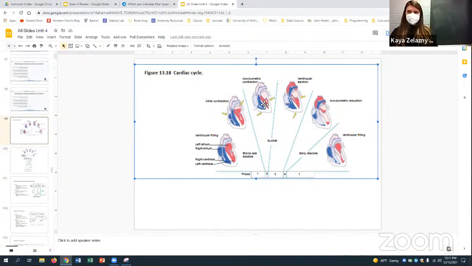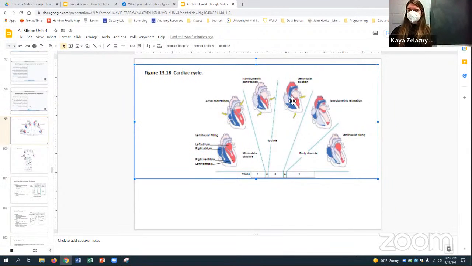That's why the blood's not going anywhere, but it's starting to push into the arteries. That's the beginning of systole because our ventricles are now contracting. And as systole continues, eventually we reach a point where the ventricles have higher pressure than the arteries that they're going into. So those semilunar valves open up. The AV valves are still closed.